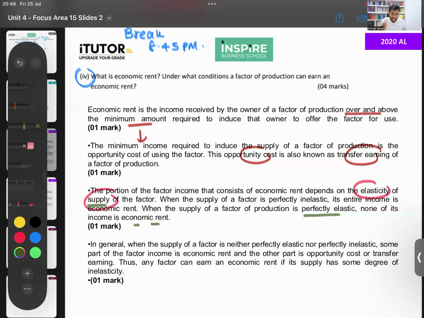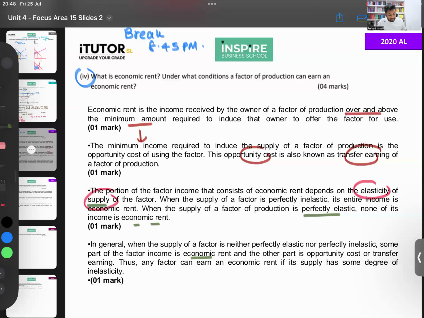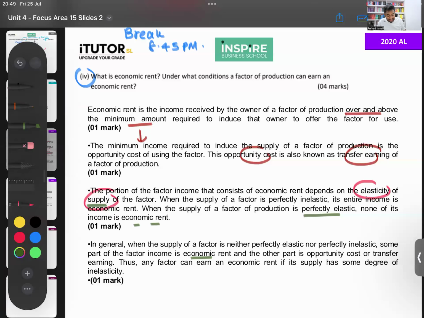So for you to have an economic rent, in general, when the supply is neither perfectly elastic nor perfectly inelastic, some part of the factor income becomes economic rent, and the other part is the opportunity cost or transfer earnings. Thus, any factor can earn an economic rent if its supply has some degree of inelasticity. If it is perfectly elastic, then no economic rent.